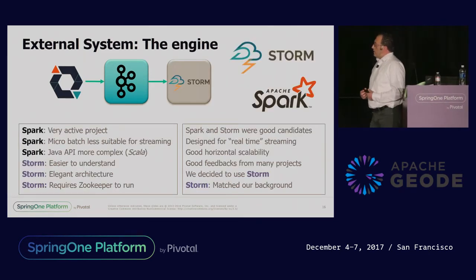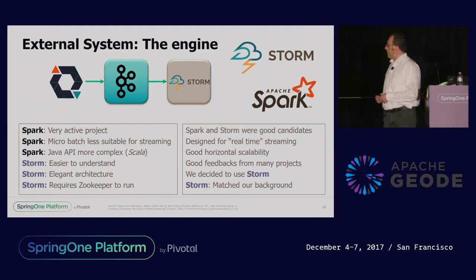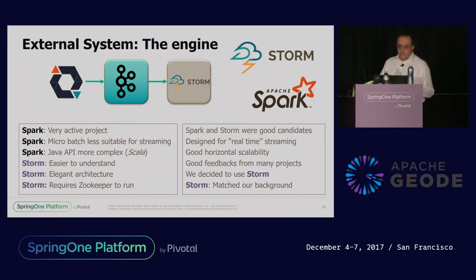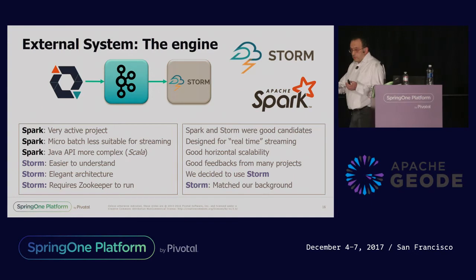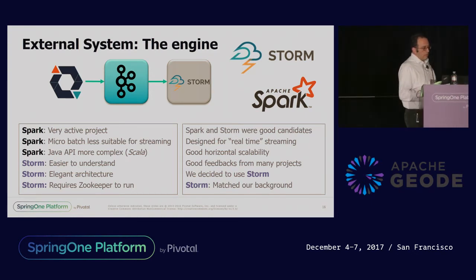When we tried to find an engine, two names came up, Spark and Storm. At that time, Spark was, and is today, a very active project. It relies on micro batches.